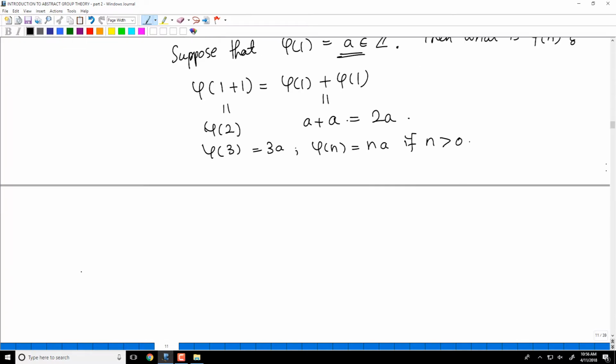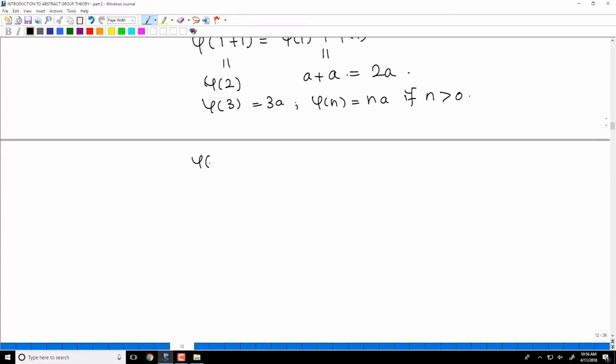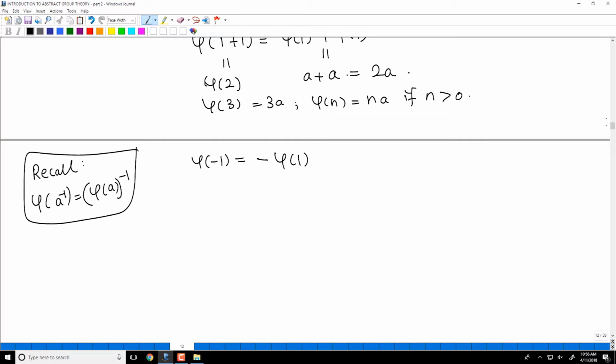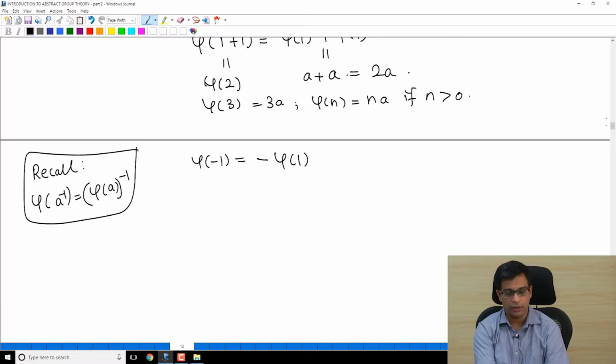Now, what about negative integers? What is phi of minus 1? Again, another property of group homomorphisms that you recall from the previous video, phi of minus 1 must be minus phi of 1. I am writing this in the additive notation here. What we wrote earlier was phi of a inverse is equal to phi of a, inverse, right? That means the symbol is less important here. The concept is image of the inverse of a. a inverse is just a symbol for the inverse of a.